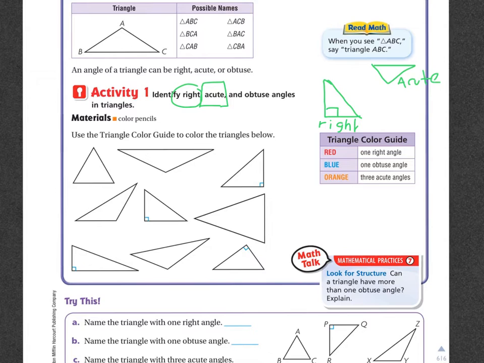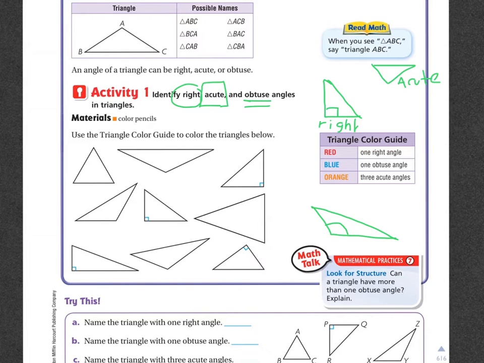Now with an obtuse triangle, you cannot have more than one obtuse angle because check it out down here. I have an obtuse angle, right? It's more than 90 degrees. If I were to make another obtuse angle, again, it would not be a closed figure. You can only have one obtuse angle in a triangle. So that angle is greater than 90 degrees.